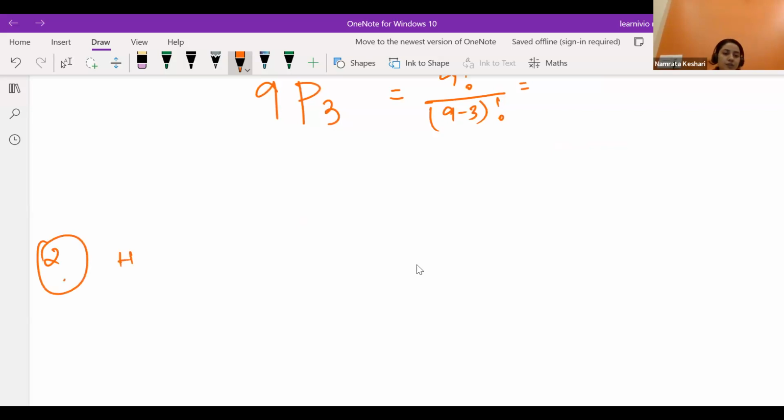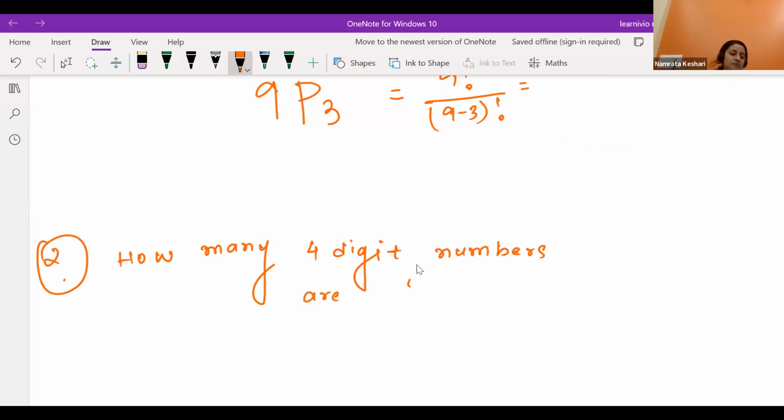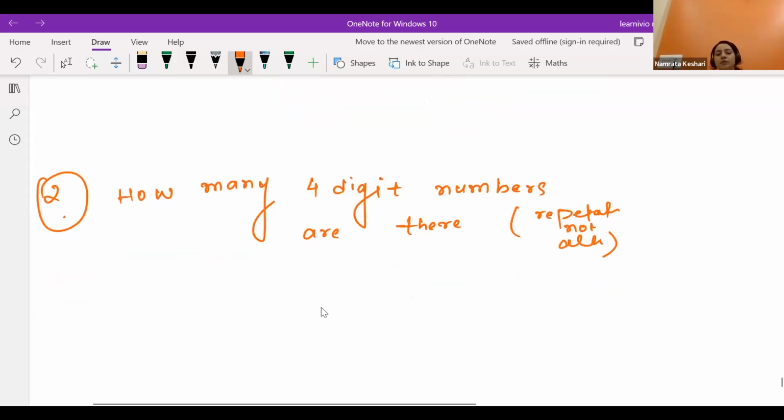How many 4 digit numbers are there? Again, repetition not allowed. Think about it. How many 4 digit numbers can we get?